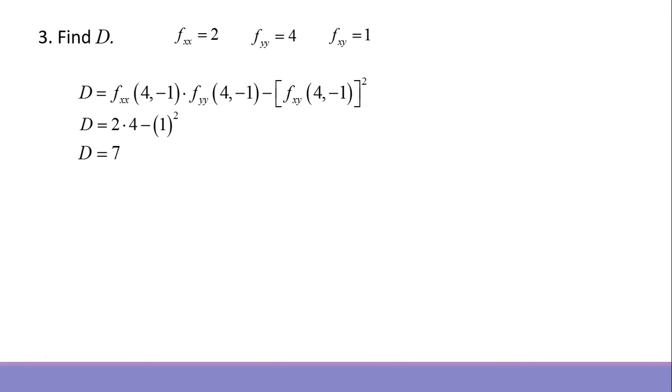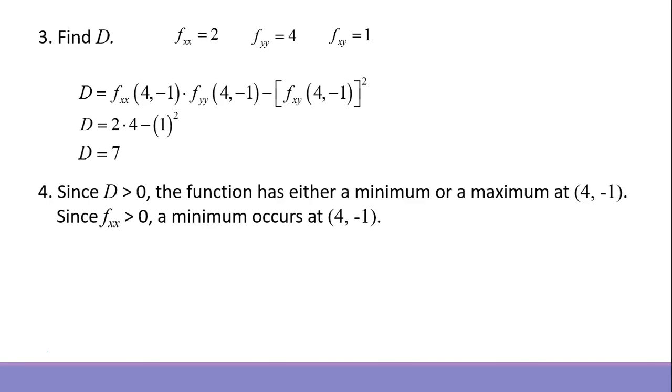Now, since d is positive, that means there's either a maximum or a minimum at 4, -1, and since the second derivative is also positive, that tells us that the point where x is 4 and y is -1 represents a minimum.